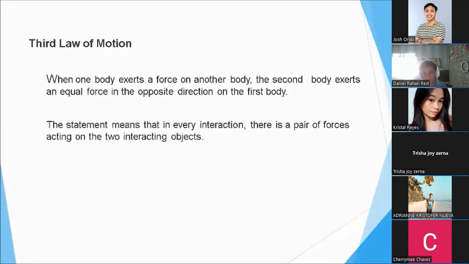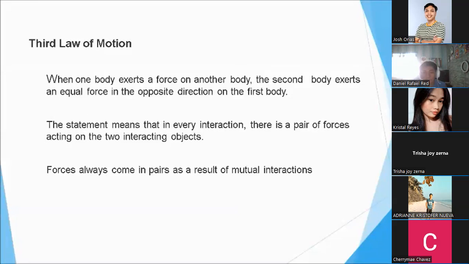It means that in every interaction, there is a pair of forces acting on the two interacting bodies. Okay, so there has to be two objects interacting with one another. Okay, and with that, we can state another way that the third law of motion states that forces always come in pairs as a result of mutual interactions.